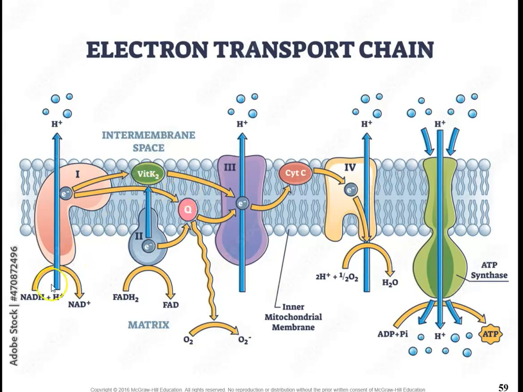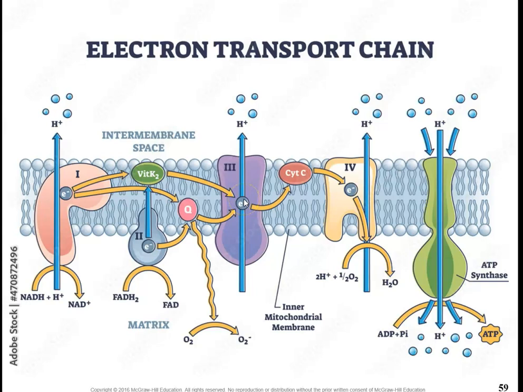So what happens is you've got NADH, the reduced form of NAD, comes in, interacts with enzyme 1, and that induces a conformational change in the enzyme, and it opens up a channel. And the channel allows hydrogen ions through. And you'll see that with FADH2 as well. When we get to here, the electrons are shuttled to coenzyme Q and then shuttled to complex 3.